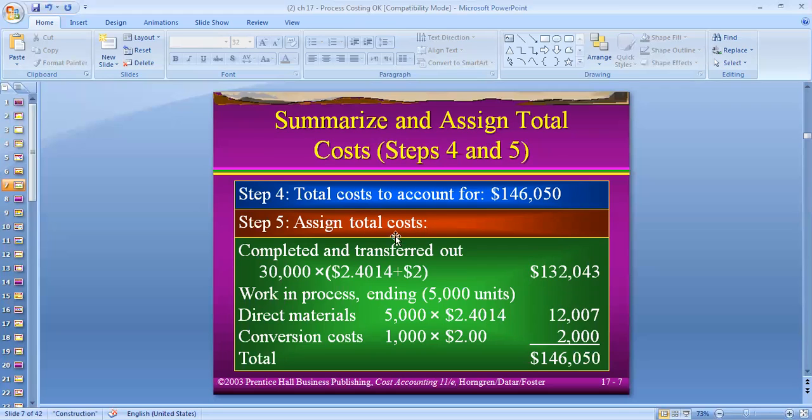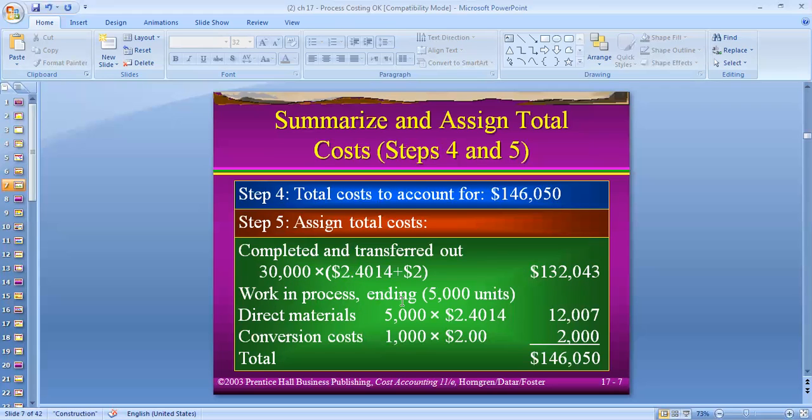To assign this cost, completed and transferred out is 30,000 units. If multiplied by 2.4014, it gives me the cost of material regarding the 30,000. If multiplied by the 2 as conversion cost, it gives me the conversion cost for the 30,000 units completed. The total cost is 132,043. As I told you, I am explaining as in the slides of Horngren, but when solving in the lecture, we give the details, not a summation like this.